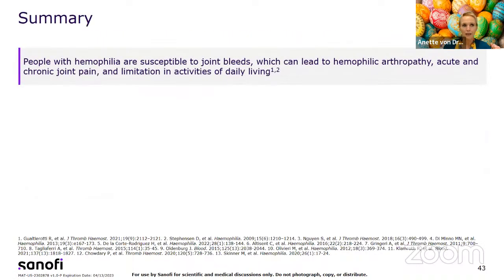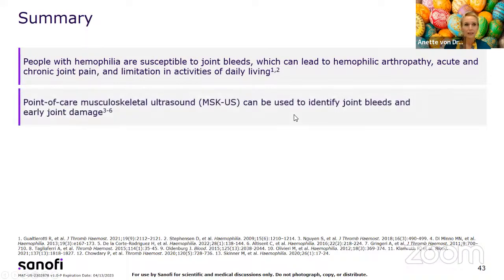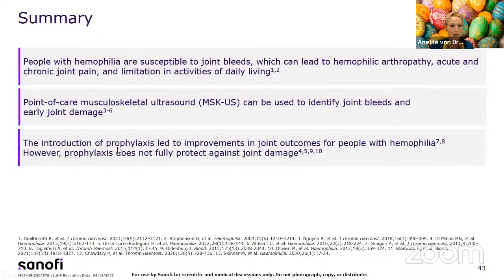So in summary, people with hemophilia are susceptible to joint bleeds, and that can lead to hemophilic arthropathy, acute and chronic joint pain, and limitation in activities of daily living. MUSCUS, point-of-care musculoskeletal ultrasound, can be used to identify joint bleeds and early joint damage. We should use it in clinic as much as we can.